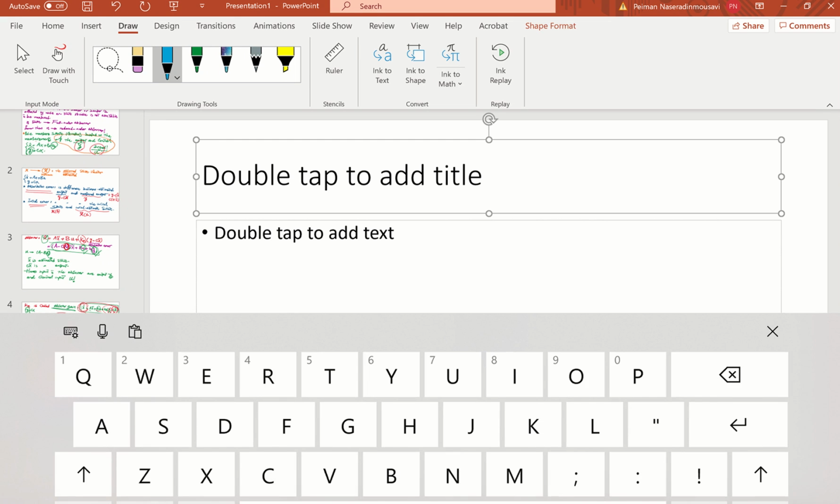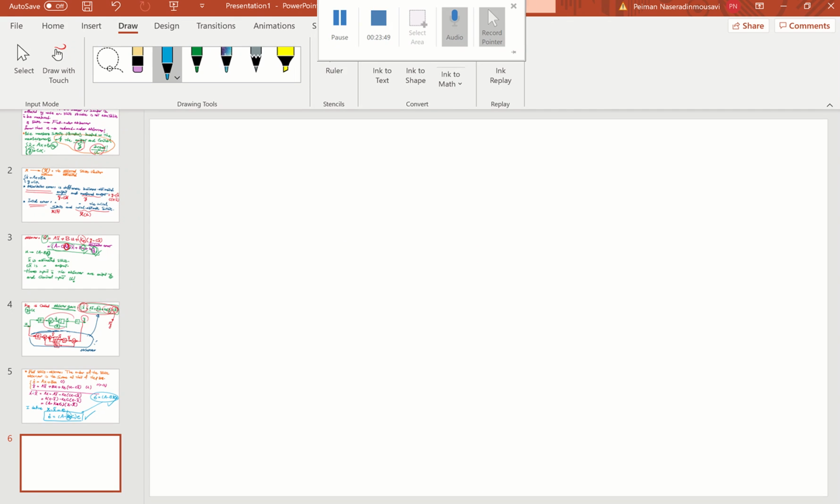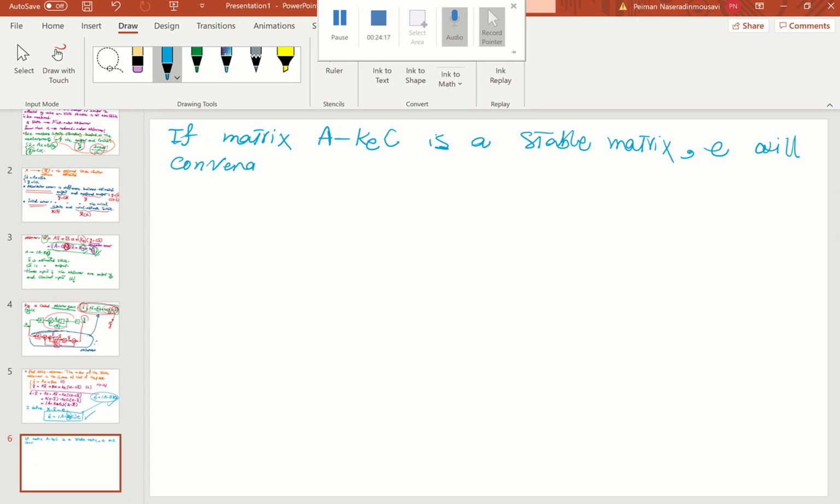Okay, so if matrix A minus K_E C is a stable matrix, meaning its eigenvalues are negative, then e will converge to the origin, as we did for the ordinary differential equation.